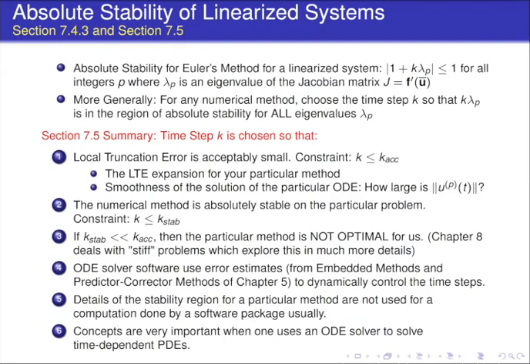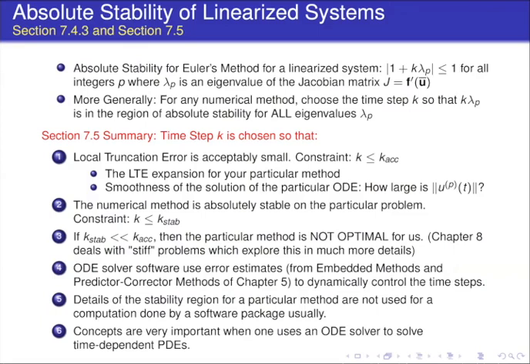And now what you would like to see is that you have a constraint for your stability that says you have to take k to be a certain small value. And then you have a constraint for accuracy and a constraint for stability.